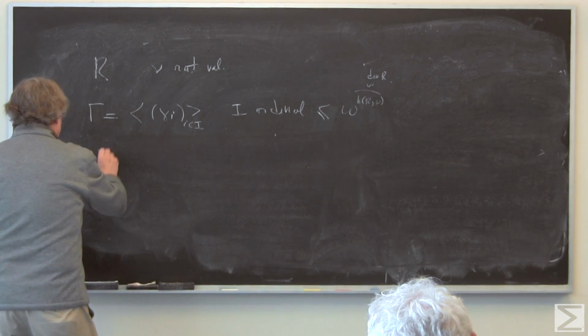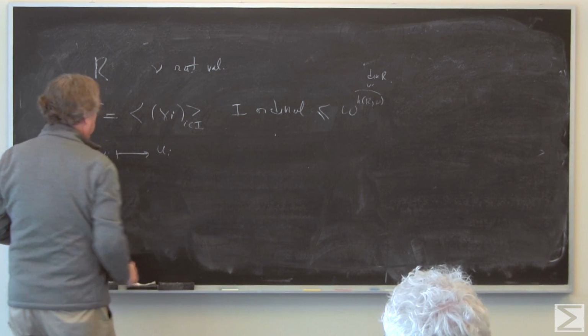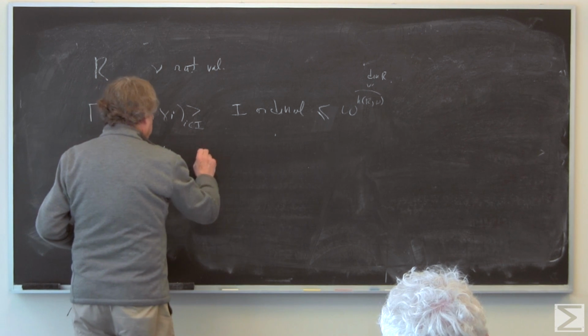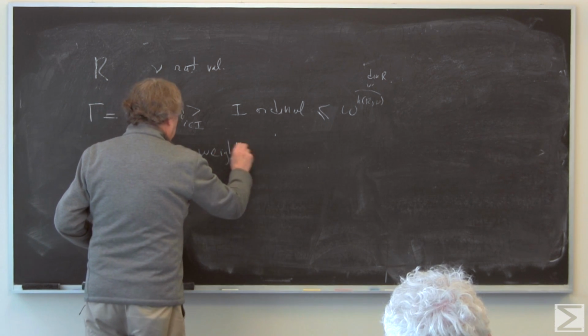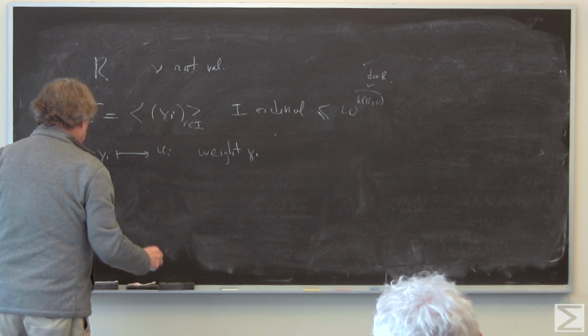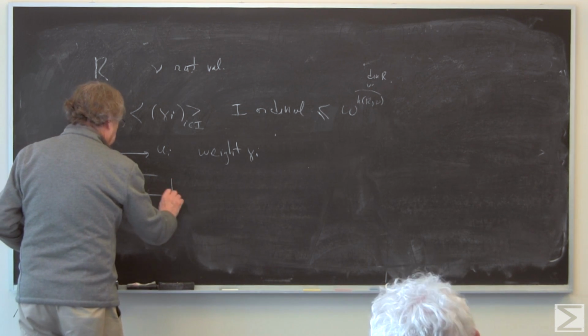Now, to each gamma I associate a variable, to which I give, of course, the weight gamma I. Then I look at all the sums of this kind.